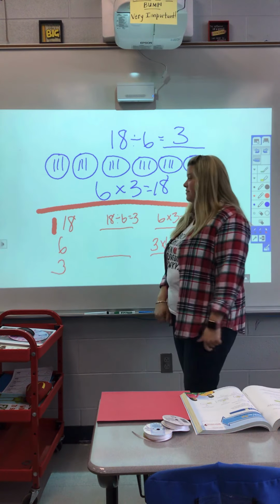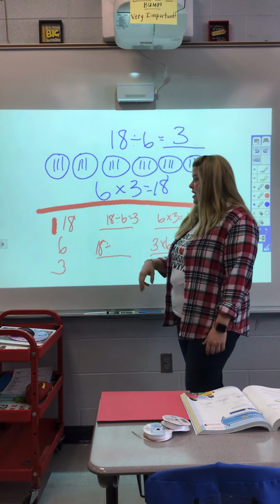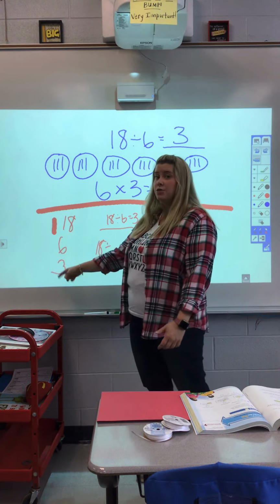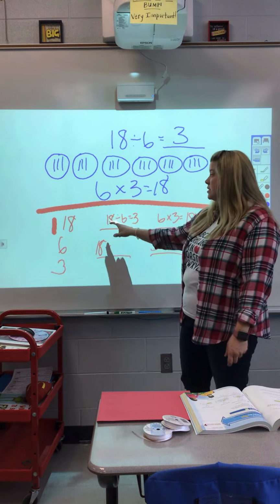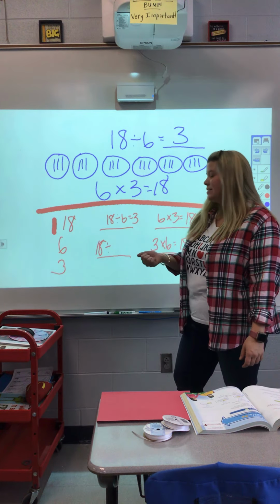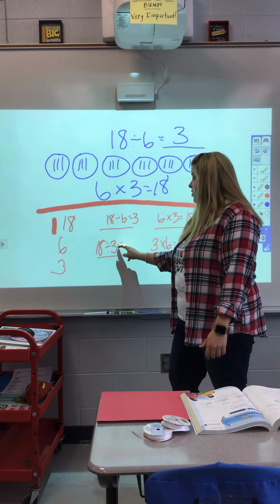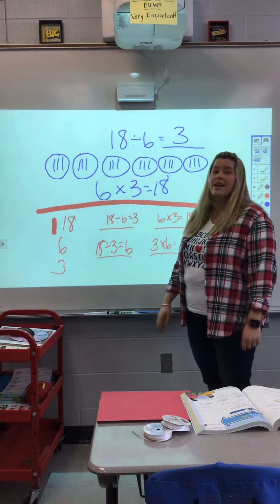What about my other division fact? I know I always start with my biggest number, and I know I can only use these 2 numbers as well. So if this was 18 divided by 6, what would my last fact sentence be? Right, I'm just going to flip-flop those. 18 divided by 3 equals 6.